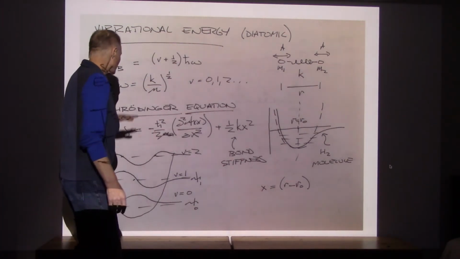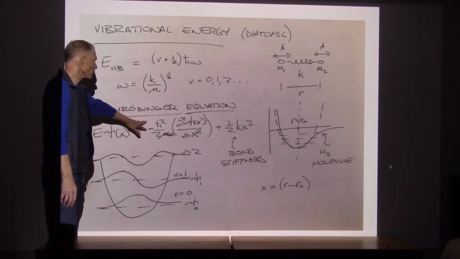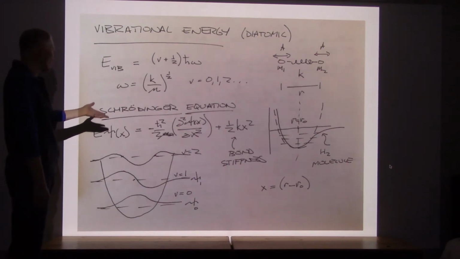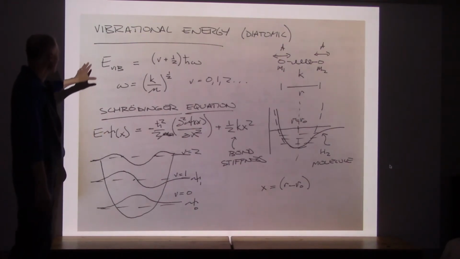All right, so it does derive back from Schrodinger's equation. Now, we could go through and solve that. We're not going to. What we're going to do is write down the results.